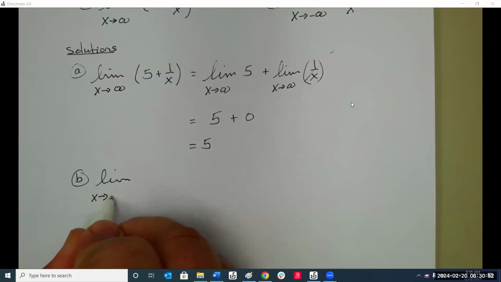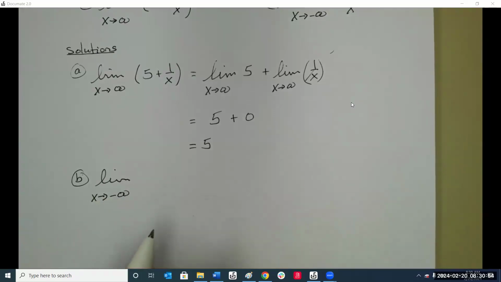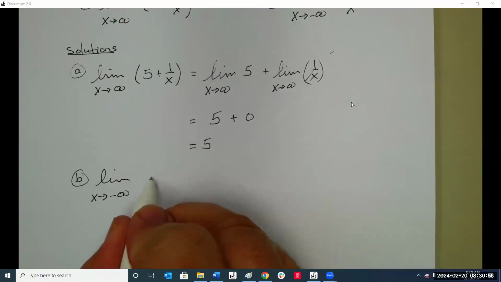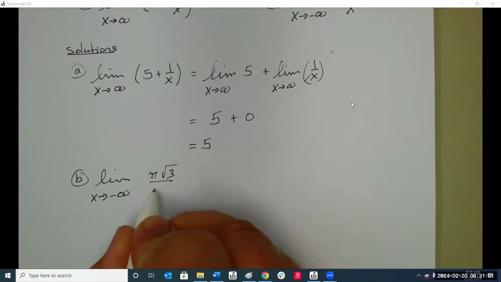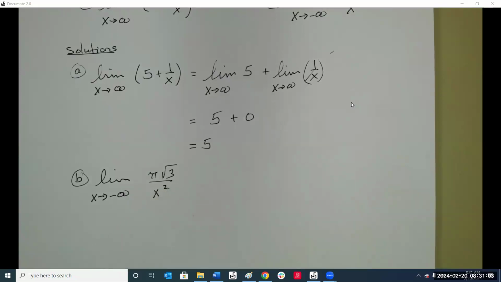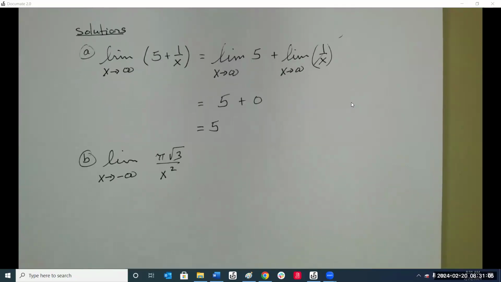As x goes to negative infinity of pi radical 3 over x squared. So what rule are we going to use here?